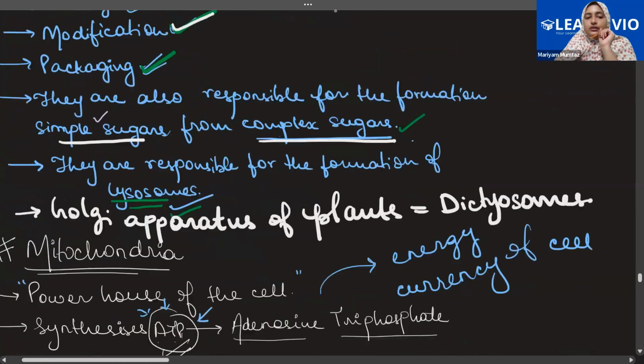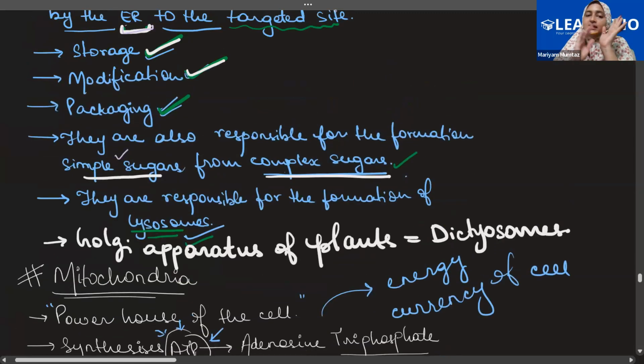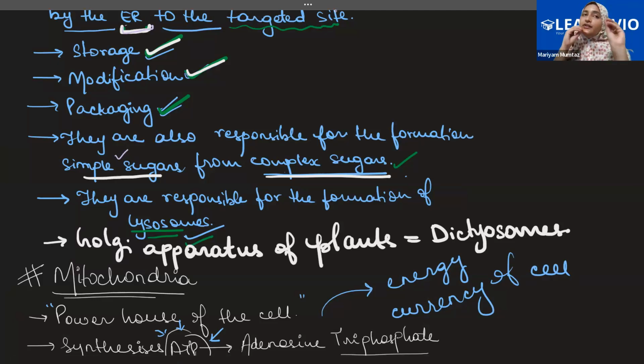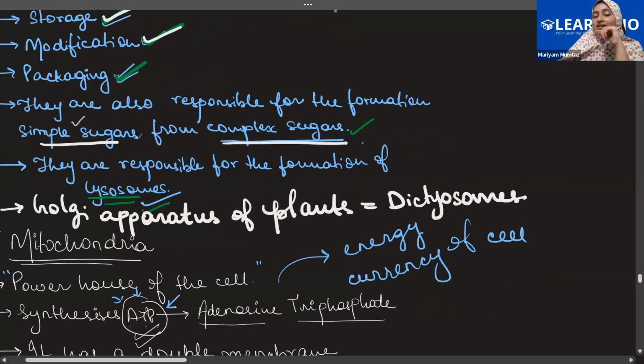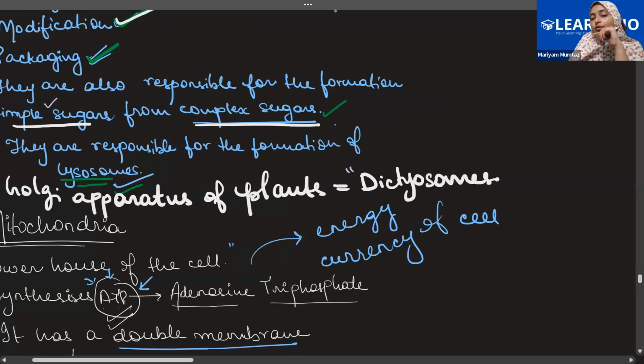Now, from that time, we are saying Golgi apparatus, Golgi apparatus. Remember one thing always, that if you say Golgi apparatus, then you are talking about animals. And instead of Golgi apparatus, if you say dictyosomes, then you're talking about plants.